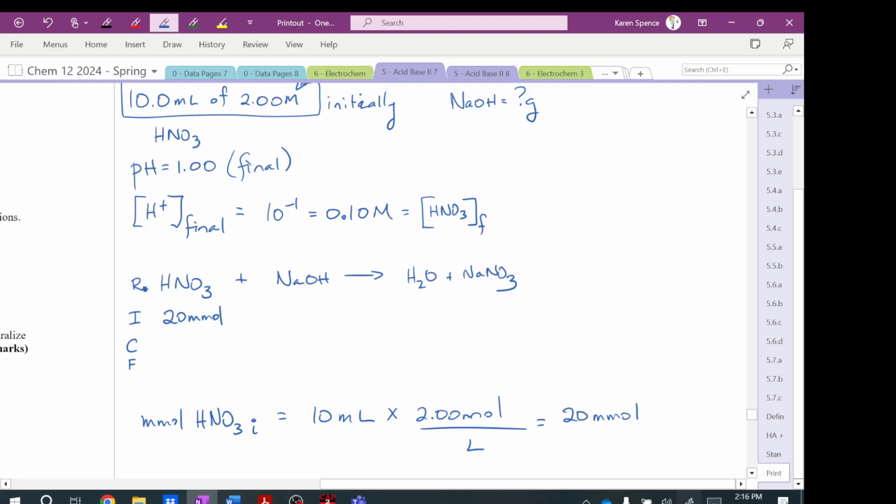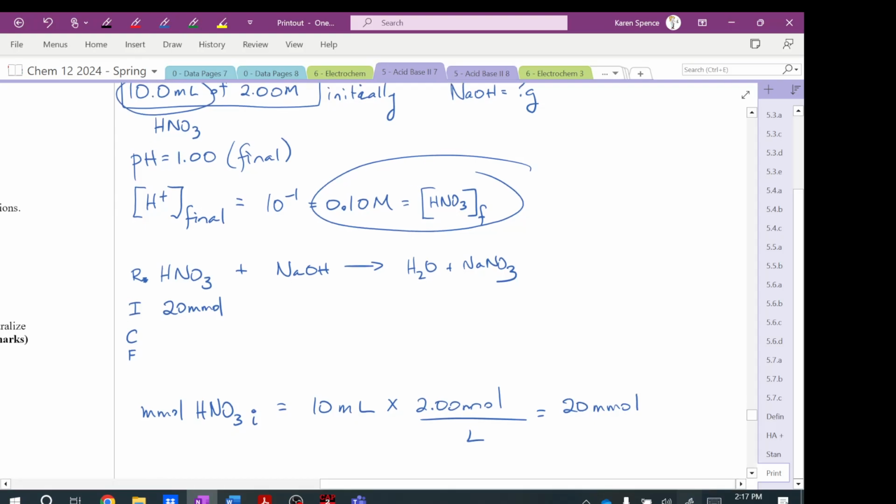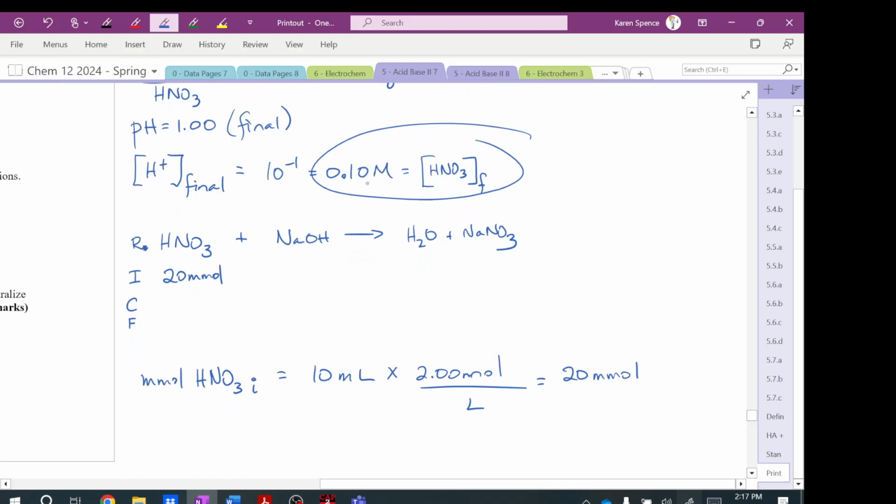What do we want for our final? Well, we're still going to have 10 milliliters because we're adding a solid, yes? So the volume won't change, at least not significantly. So we're still going to have 10 milliliters, but our concentration now is going to be 0.1 molar. So our millimoles of HNO3 final, 10 milliliters times 0.10 moles per liter, is equal to 1 millimole.